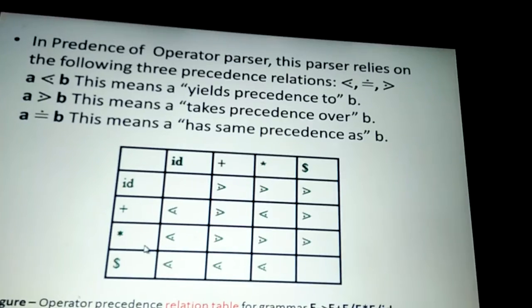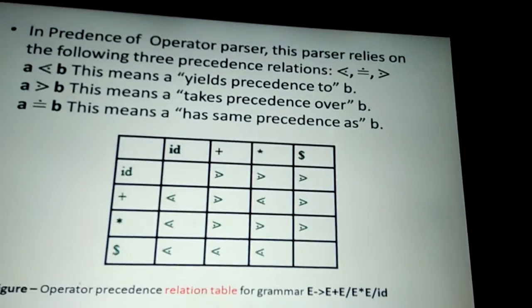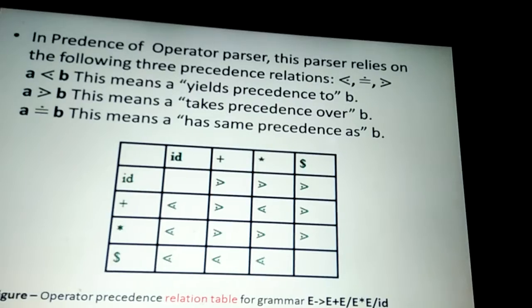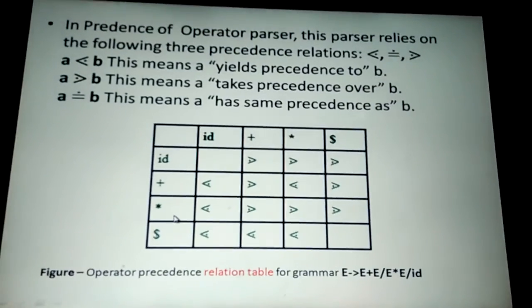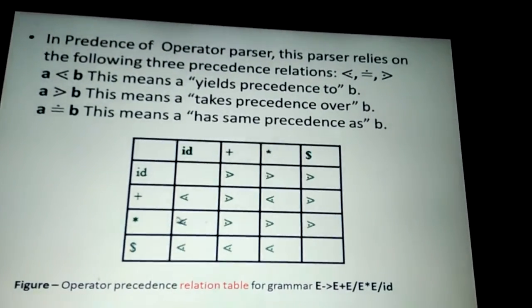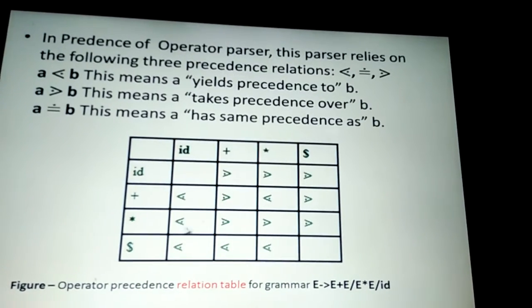Next, the third row, that is the multiplication. Multiplication has the second precedence after the identifier, so it has less precedence.